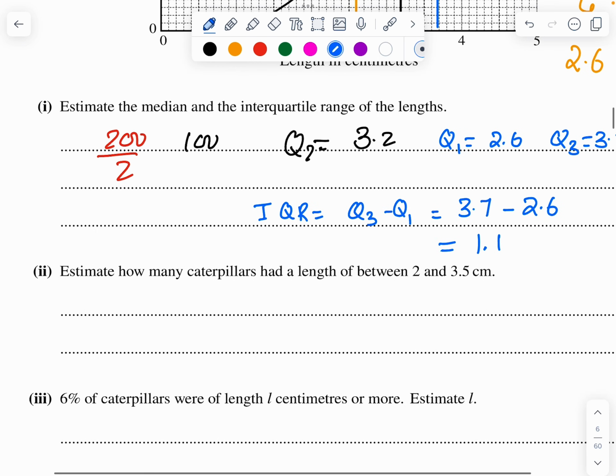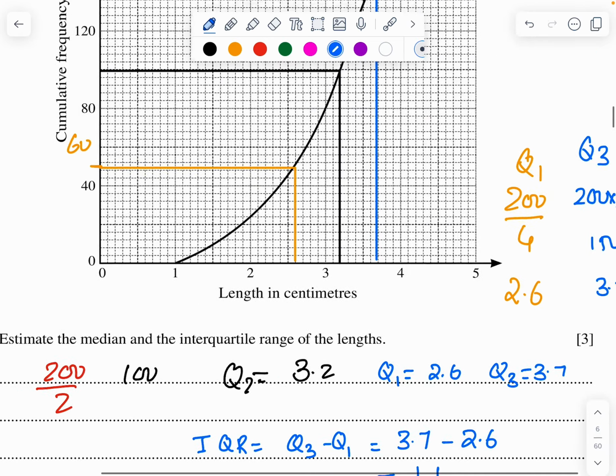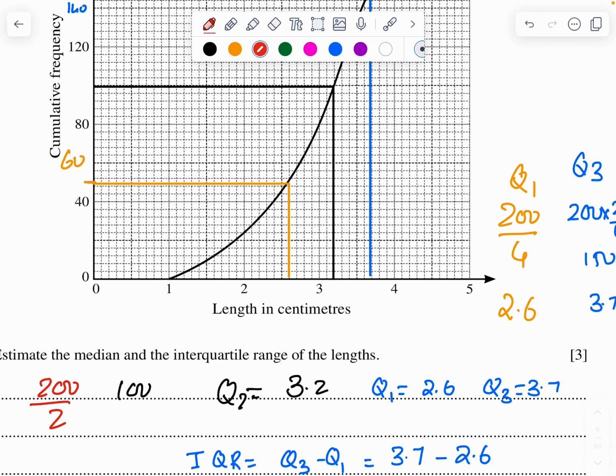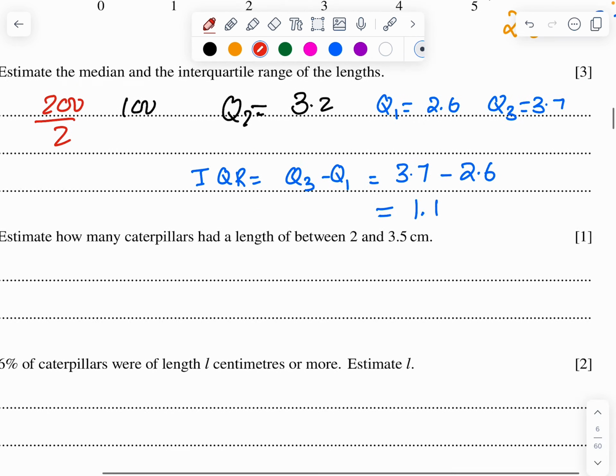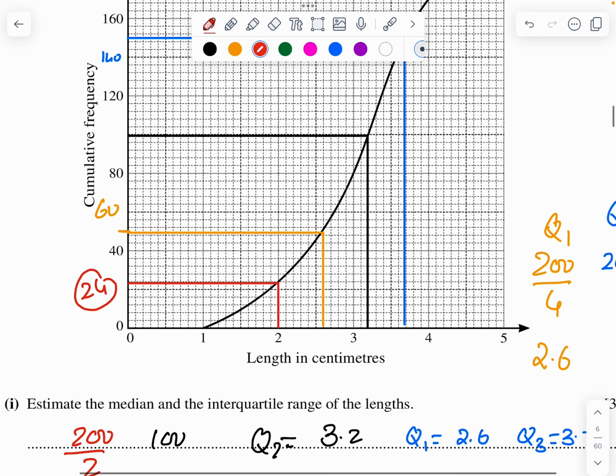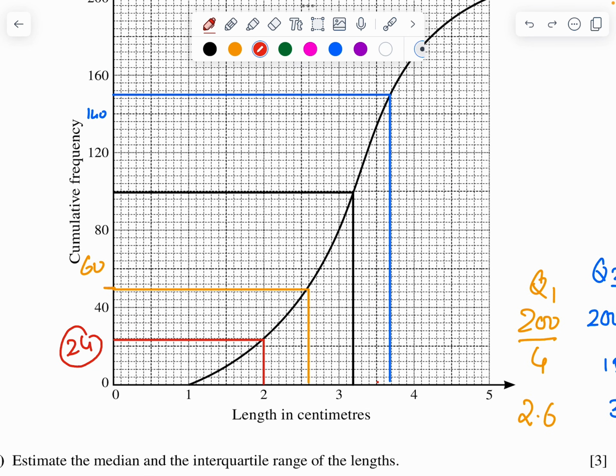Next: how many caterpillars had a length between 2 and 3.5 centimeters. From 2, draw the line, and this line is going to be 24. And what is that? 3.5.